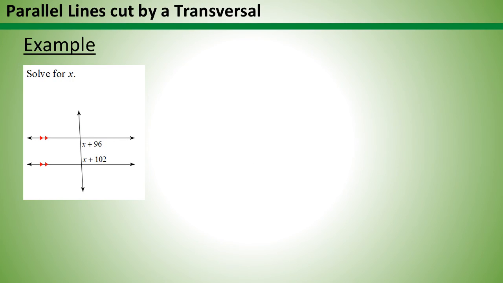Another example, again, this one is asking us to solve for x, okay? And since these are same side interior, I know that these two angles should add to make 180. So I have x plus 96 plus x plus 102 is equal to 180.